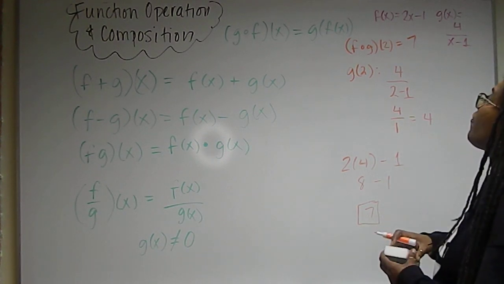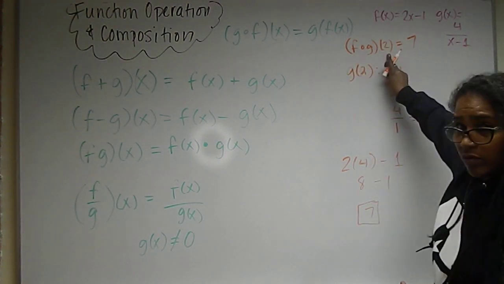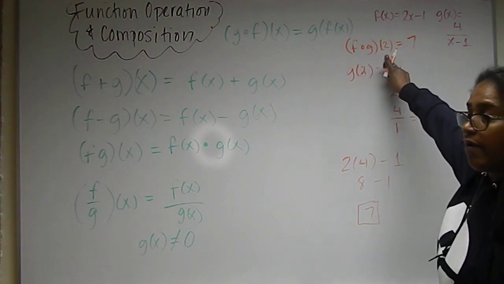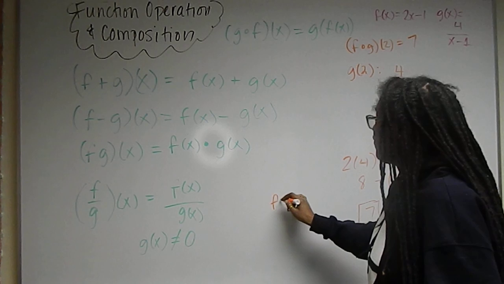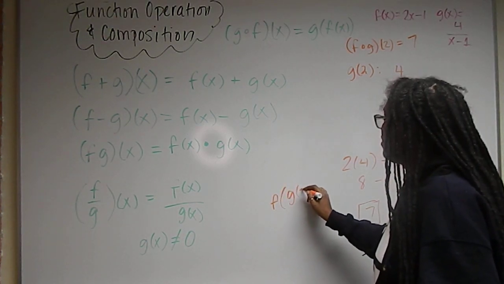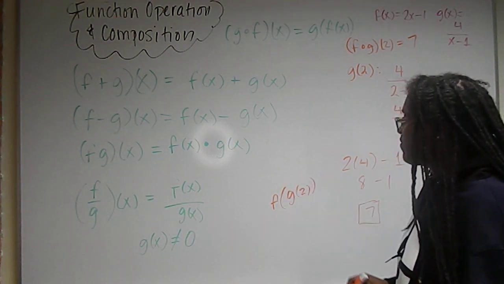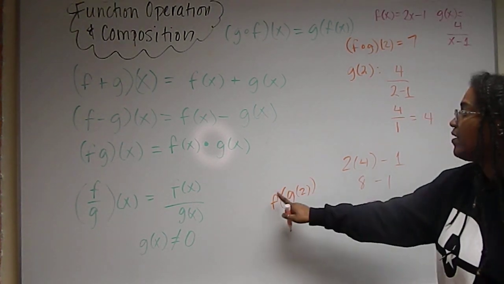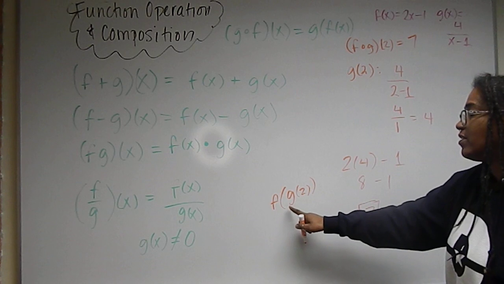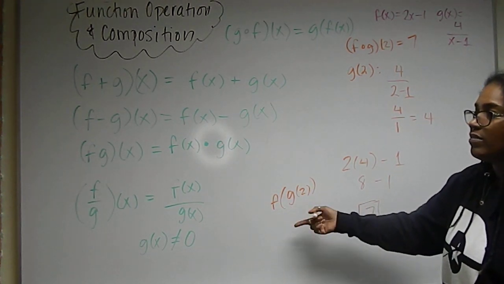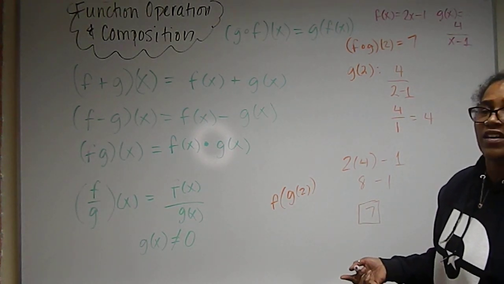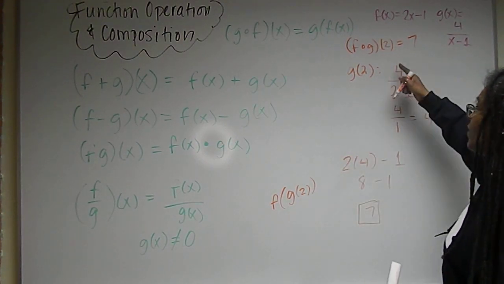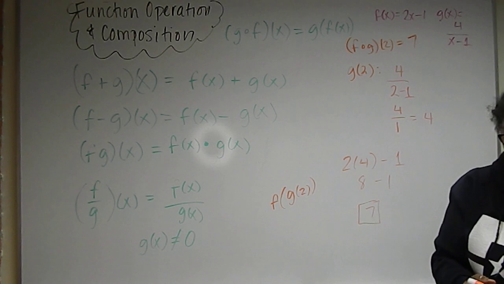So we did not find f of 2. We found f of g of 2. We found the value of 2 in the g function and plugged it into the f function.